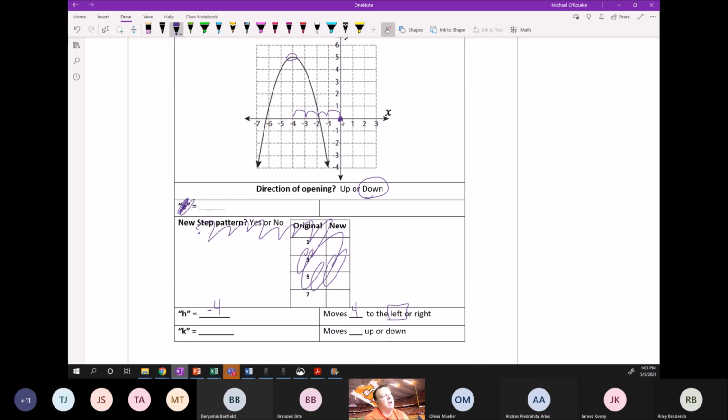So it didn't move down, it moved up. And how far did it move up? One, 2, 3, 4, 5 up. So that means our K value here is going to be 5.